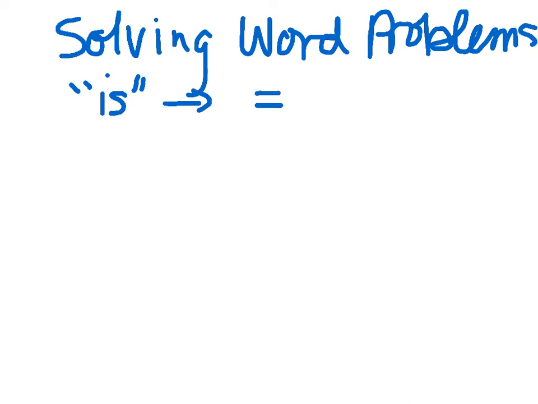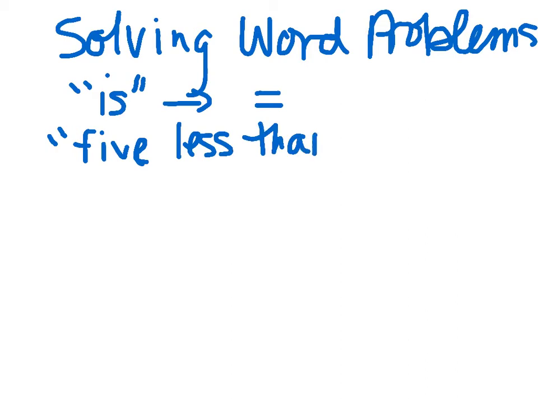Here's the most common problem, actually the first of two most common problems. If I say 5 less than a number, it seems like, if I read from left to right, it looks like it should be 5 minus n, or x. But the problem is, if I want to know what 5 less than something is, I have to start with that something.